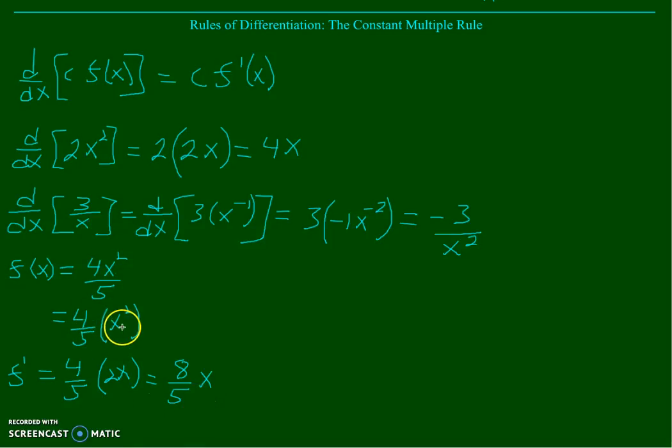Again, in each one of these cases, we're pulling out the constant, doing the derivative, and then recombining at the end. So let's work another example.